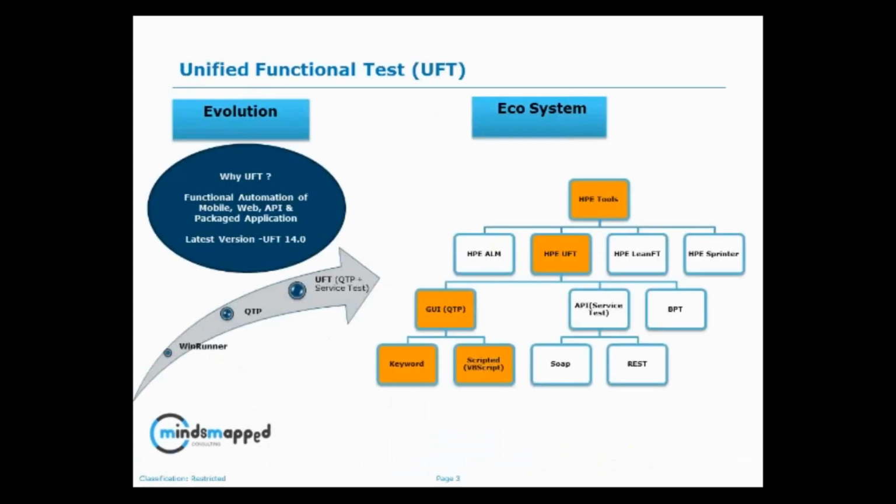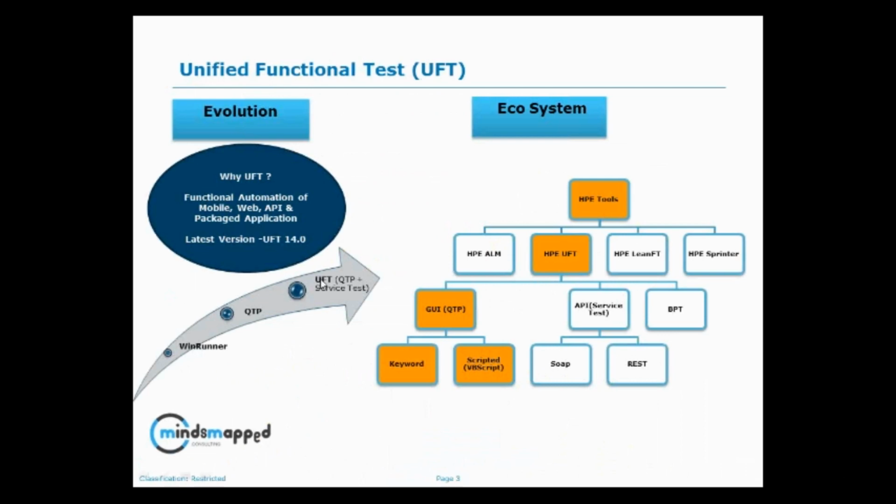So right now, as Robert has worked on the older versions of QTP, I'll just give a heads up on how it evolved. Initially, this tool was developed by Mercury as WinRunner. Then the tool evolved and got upgraded as Quick Test Professional, QTP. Then it was acquired by HP, and HP converted QTP into UFT.